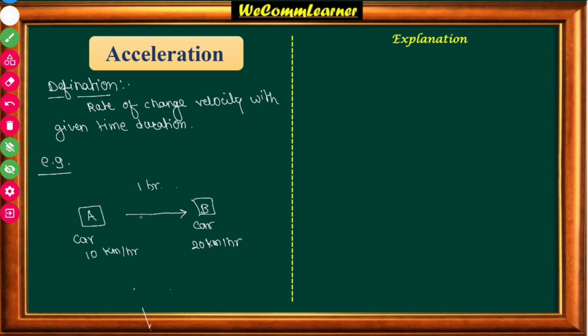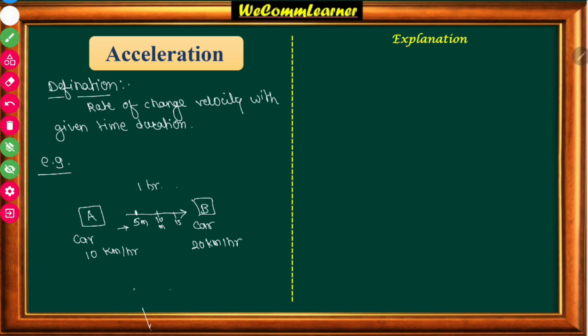So if I want to check your speed with respect to time in this whole duration, the velocity might change, for example at 5 minutes from start, then 10 minutes from start, then 15 minutes from start.